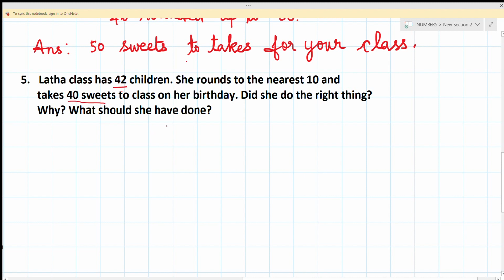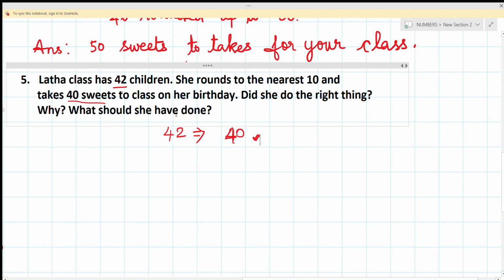So here, if we round off the number to the nearest 10, you will get 40. It is the correct answer. But when it comes to this situation, did she do the right thing? Why? What has she done?